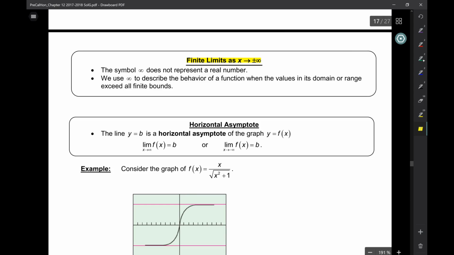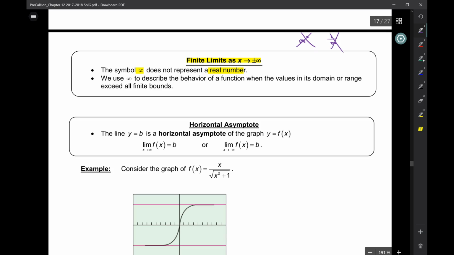Finite limits as x approaches positive or negative infinity. So we know all this by now. The symbol infinity does not represent a real number, right? One thing I forgot to mention before is when we're doing all this stuff with limits and infinities, we never, ever plug in infinity into a function. Like we never say, what's infinity squared? We're never allowed to say 1 over infinity.